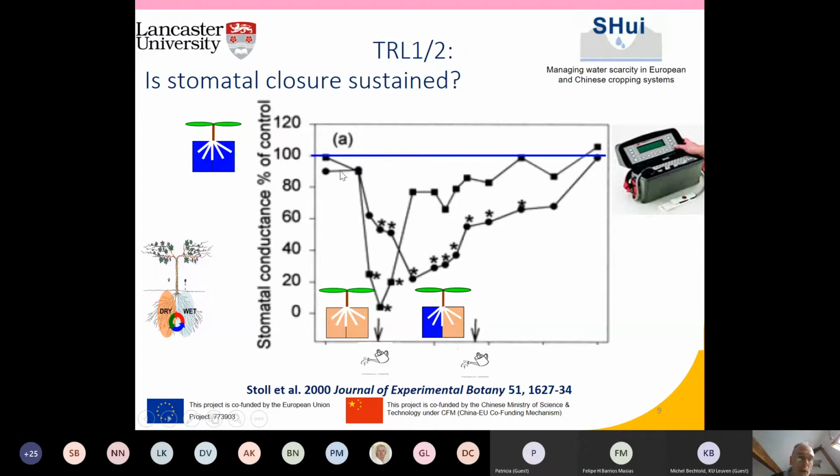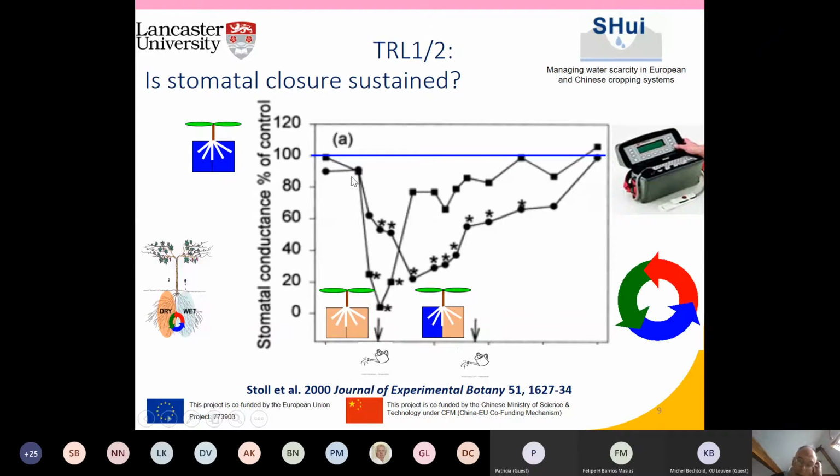For the plants exposed to partial root zone drying, there was a slightly slower or delayed stomatal response. You can see that the stomata closed, and then even though the soil continued to dry on the dry part of the root system, there was some stomatal opening occurring, as we can see here. It was only at this point here that the roots were re-watered.